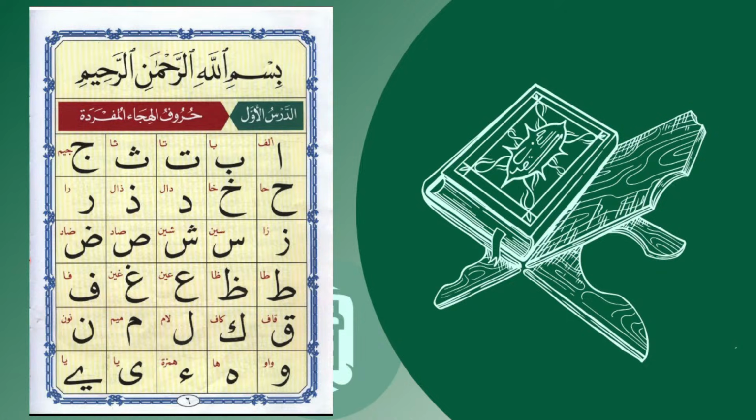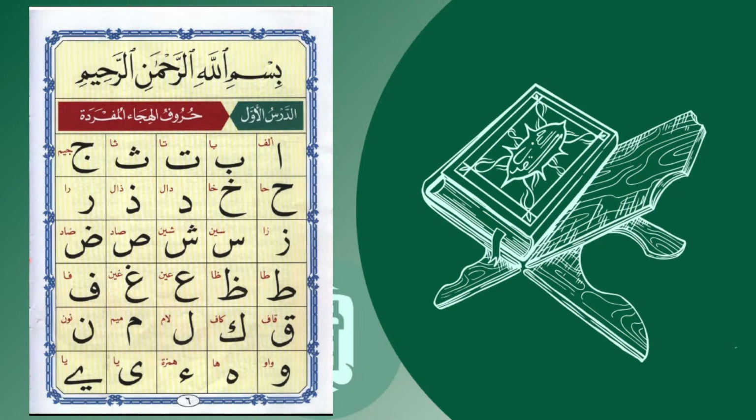Next box, which is the last box on line number 2, Ra. I want you to slightly roll your tongue when you say it. The Ra is not smooth like the R in English, even though they may be interchangeable, but the Ra is a little bit rough and rolls a little bit in Arabic.